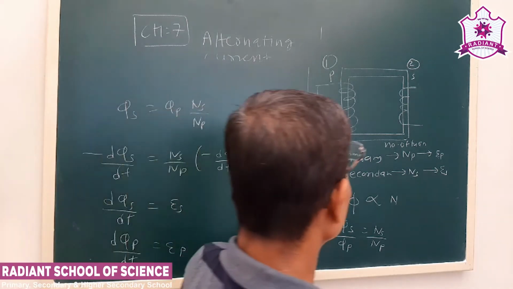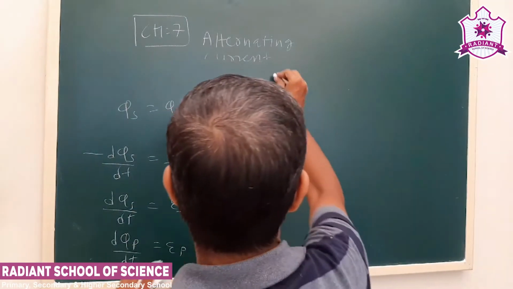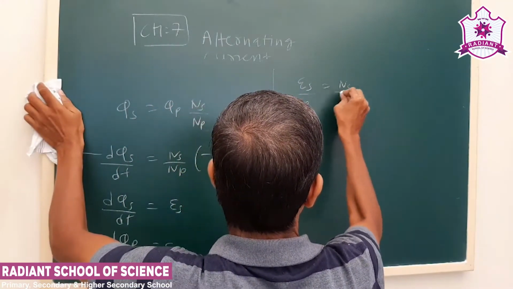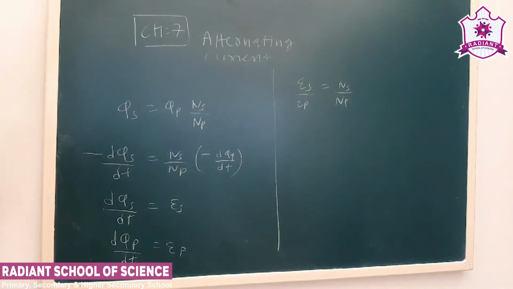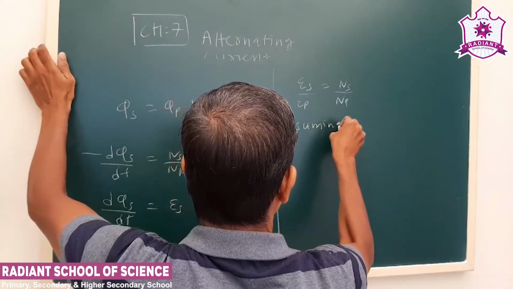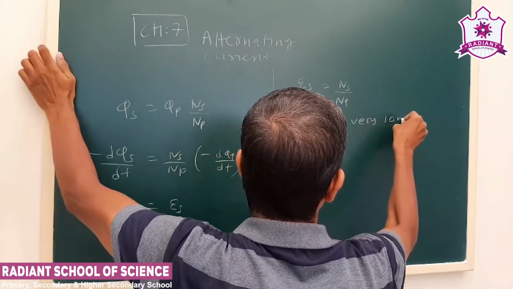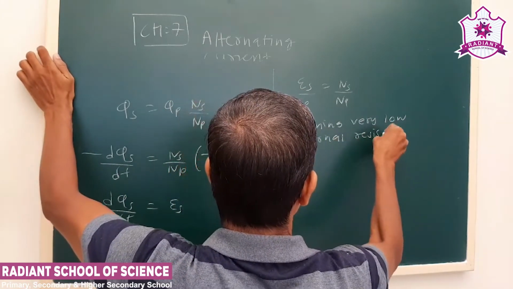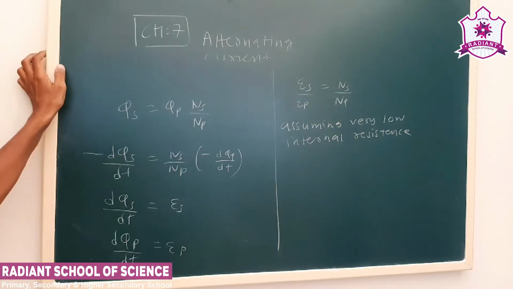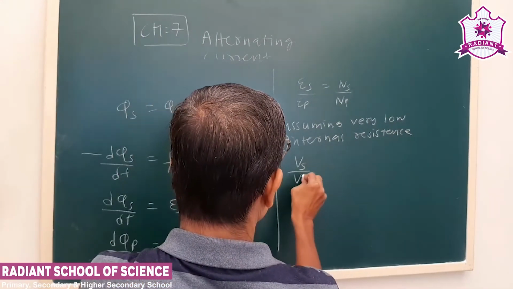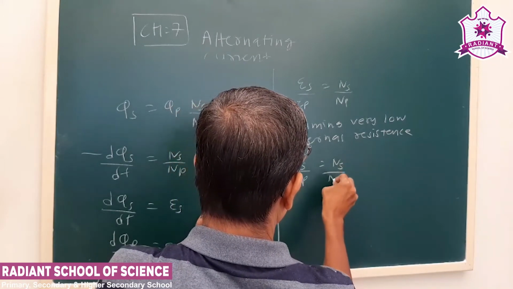So we can write Es upon Ep is equal to Ns upon Np. Assuming very low internal resistance, we can say Vs upon Vp is Ns upon Np.